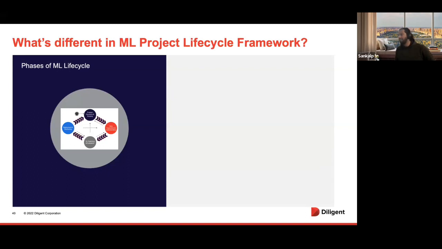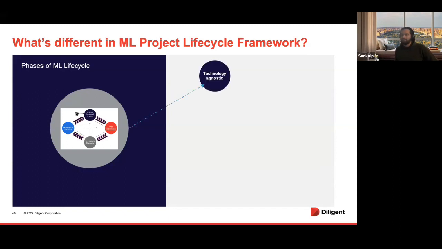So certainly we have used this framework within our internal projects to build products on AWS. So that's the level of abstraction that we want, that it's flexible enough to use in any environment. And at the same time, we want to have something that has concrete phases and milestones to make sure that we are not overlooking any key steps in the ML development process.